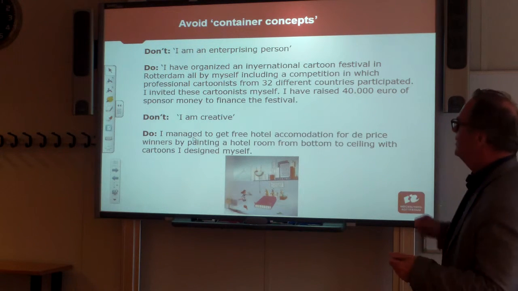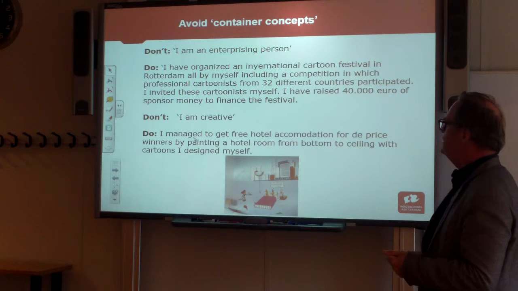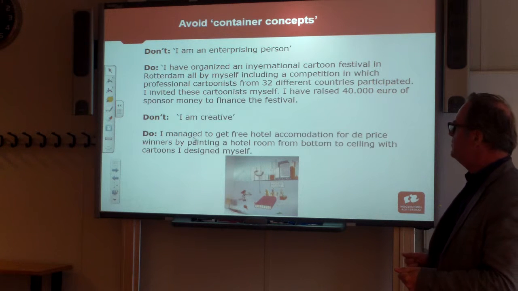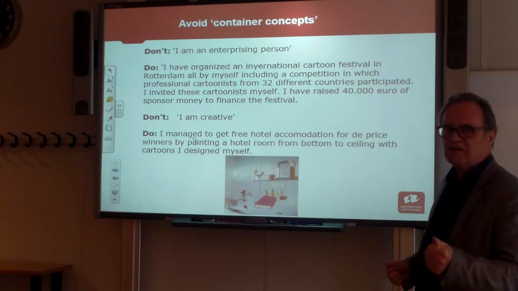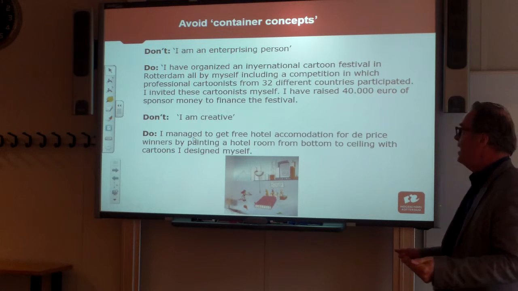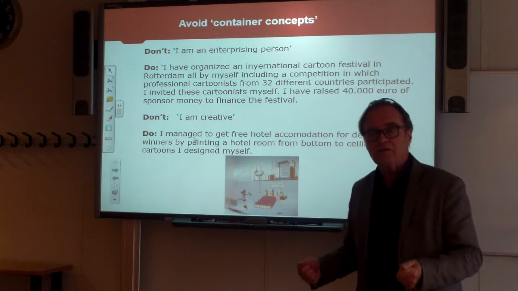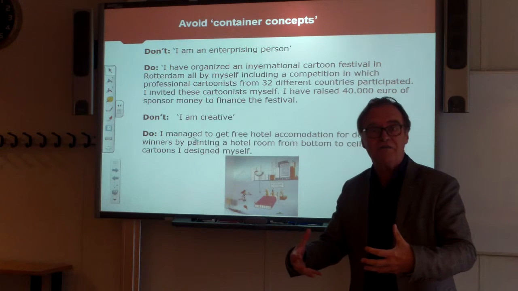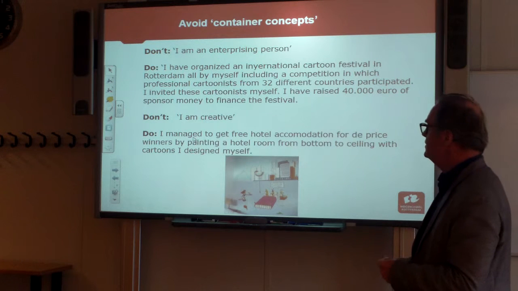In this case, I've organized an international cartoon festival in Rotterdam all by myself, including a competition in which professional cartoonists from 32 different countries participated. And I invited these cartoonists myself. And I've raised 40,000 euros to organize it. It gives some meat to the bone, you could say, of my enterprising activities.